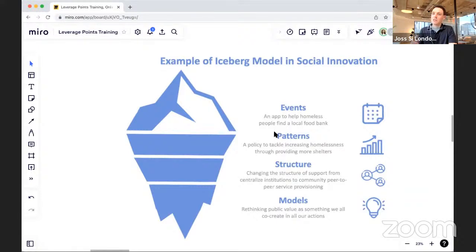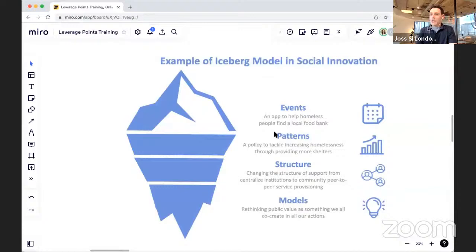They're accepting the structure of the system and working within that to try and fix it or patch over it. Down at the structural level, it might be changing the structure of support from centralized institutions to community peer-to-peer service providing, right? That would change the way we go about tackling this problem, the structure of it.